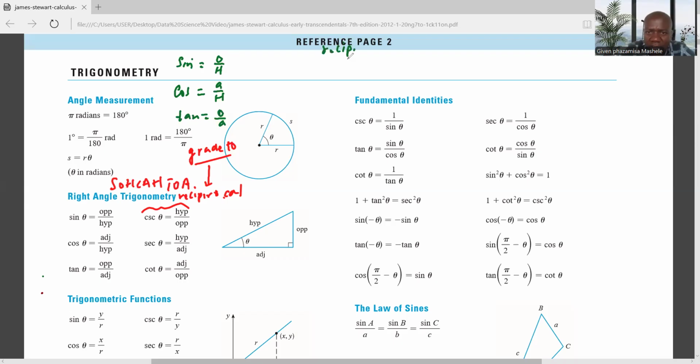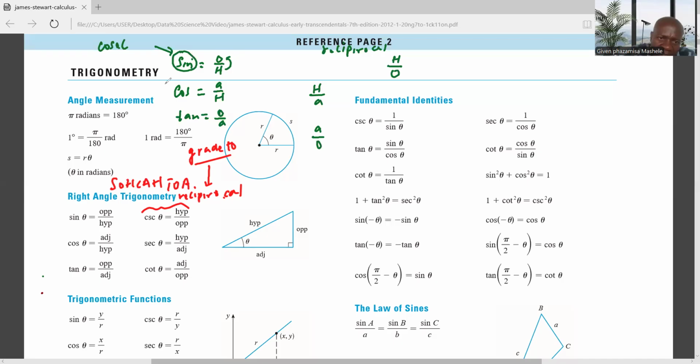It means we flip these: hypotenuse over opposite, hypotenuse over adjacent. So we take the reciprocal of this. Obviously, the reciprocal of sine is always called cosec. Cosec is the reciprocal of sine.